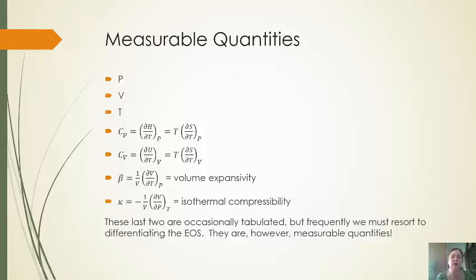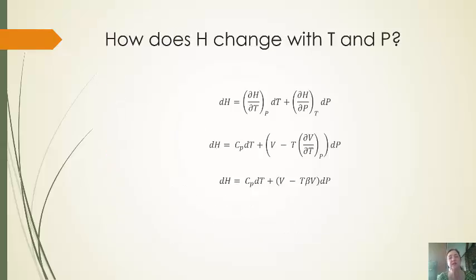Now, these last two are rarely tabulated, but occasionally we can. More often we will end up, indeed, differentiating the equation of state. They are, however, what are called measurable quantities. So let's look at using some of these. So how did H change with temperature and pressure?